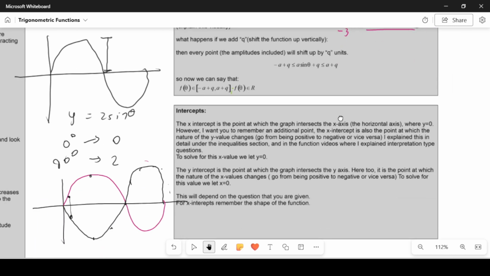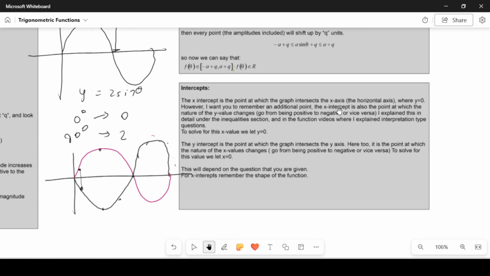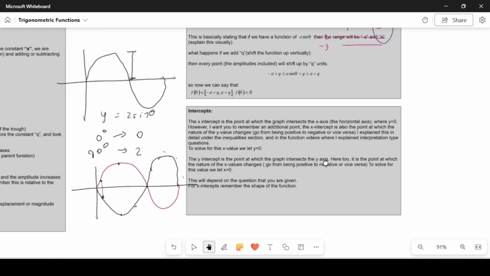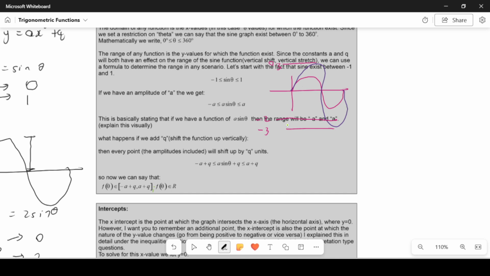Okay. Then we talk about the intercepts. Here as well, I've talked about this extensively. You find it by setting x equal to 0 to find the y-intercept and y equal to 0 to find the x-intercept. But again, I must state this again. You won't be given complicated questions, but you must sketch the function. You have to sketch the function in order to see what you're doing.